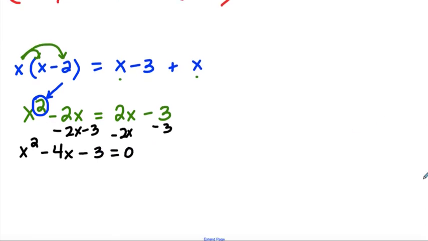All right, I'm going to try and factor, and I get x minus 3, x plus 1. Did I do something wrong here?